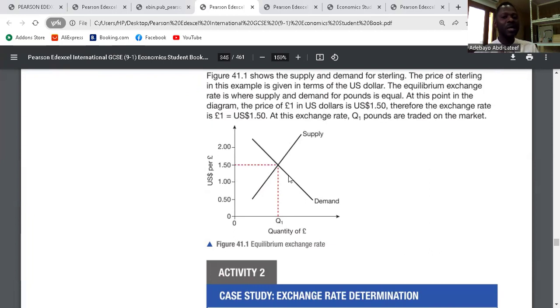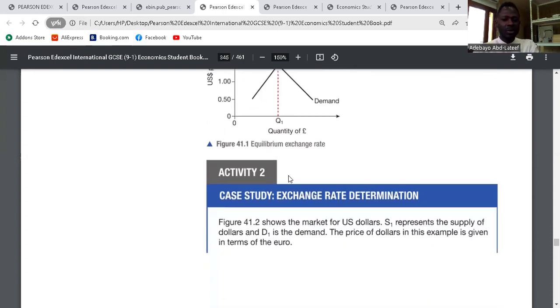It's always going to be at equilibrium, and the equilibrium is the point at which the demand and the supply meet. It's just that the demand for and the supply of the currency will determine the price at which the exchange rate goes.